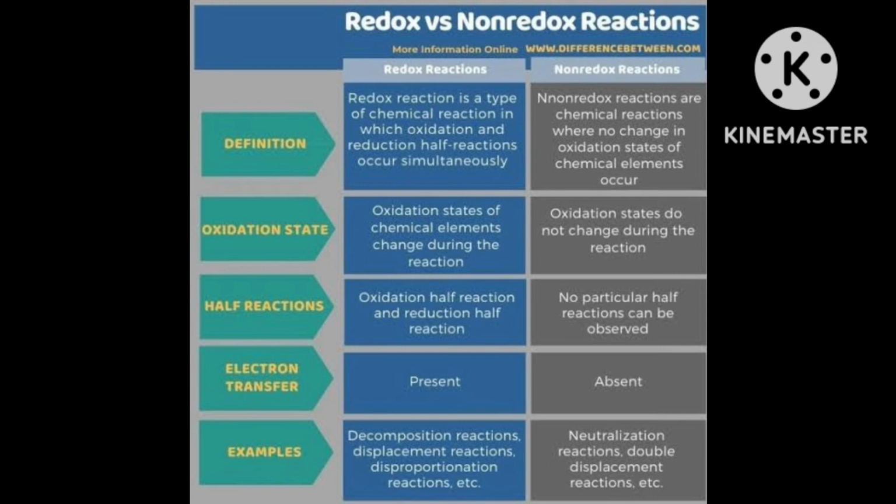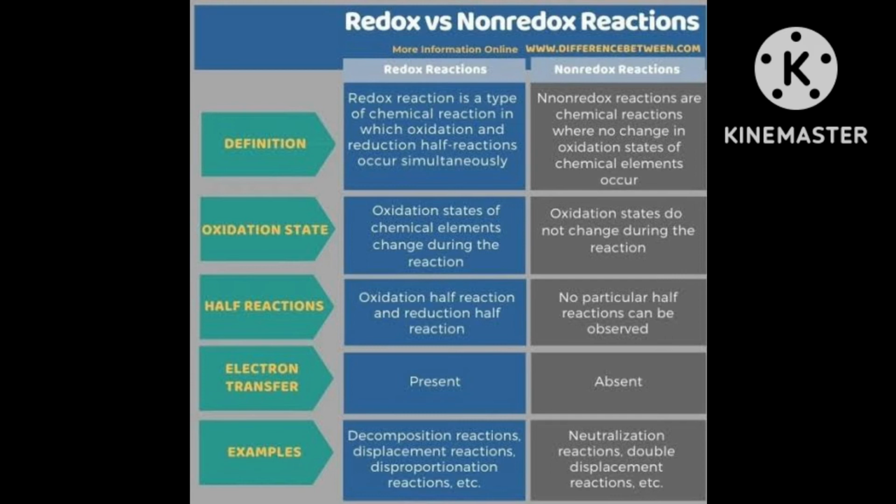The exchange will be only between equals. Keep in mind that in a displacement reaction, an ion or an atom in a compound is replaced by an ion or an atom of another element.